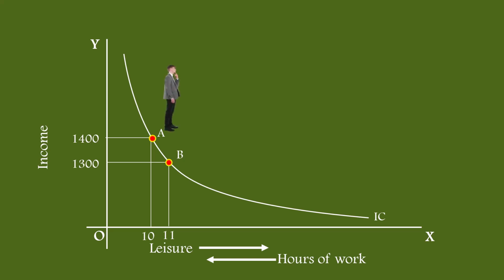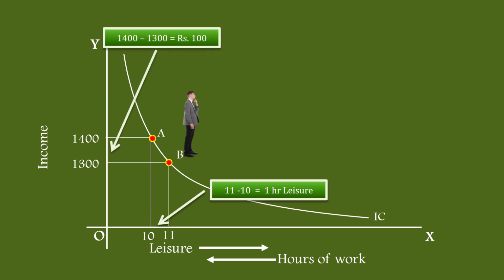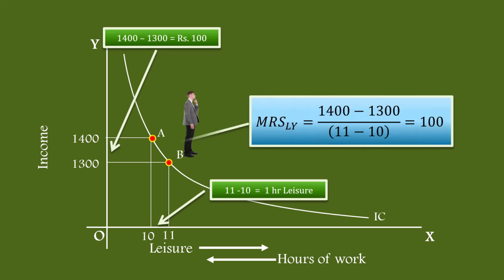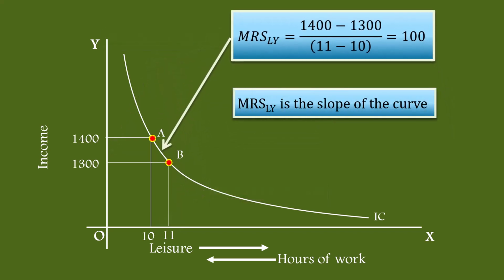Assume the worker slides down from A to B. It means the worker substitutes 1 hour of leisure, that is 10 minus 11, by foregoing 100 rupees of income, that is 1400 minus 1300. This is the marginal rate of substitution of labor for income. This is the slope of the indifference curve also.